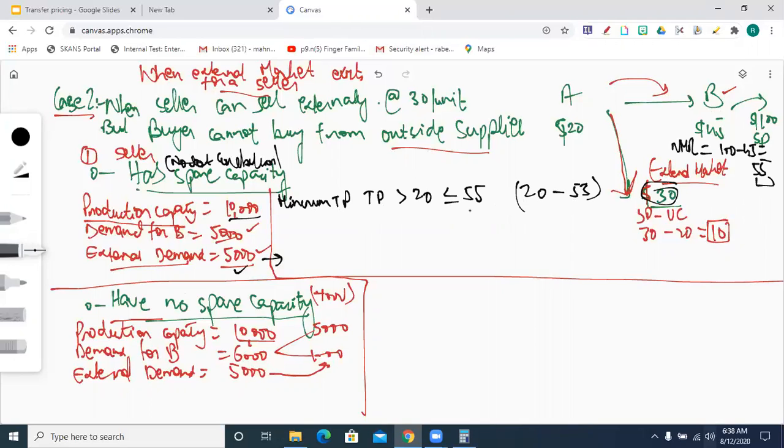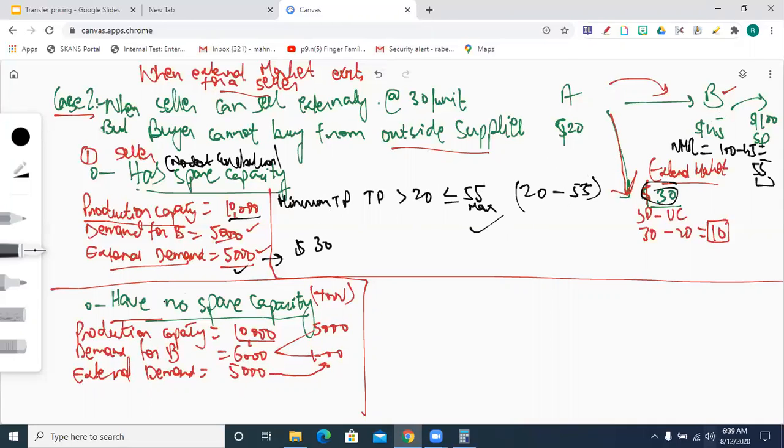This is the minimum, and this is the maximum set by B, because above that he is just getting nothing. It should be between these so as to motivate both managers and ensure goal congruence. And he can continue to sell externally at 30, and there's no problem with that. So that's the transfer price.